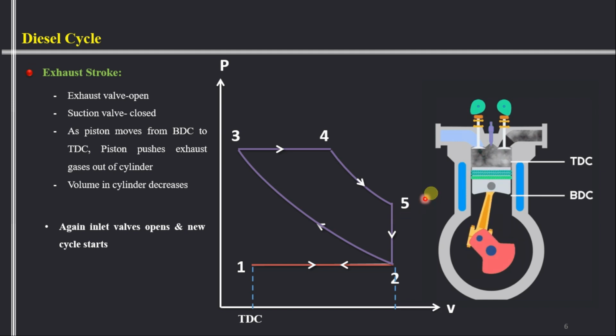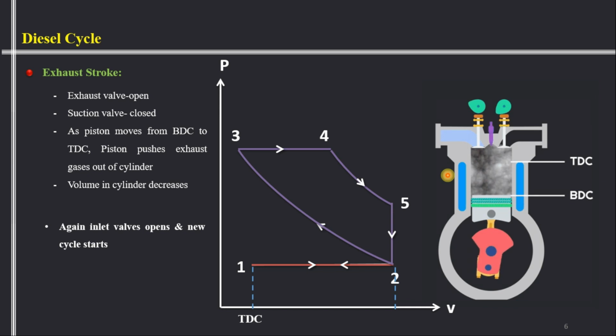So this is how a diesel cycle works. We have seen it for a 4-stroke diesel engine. Now as we have said, in this cycle we are supplying heat at constant pressure in process 3 to 4. That is why this cycle is also known as the constant pressure cycle.